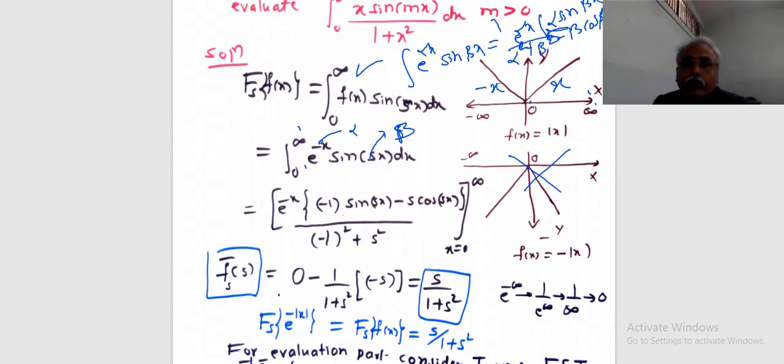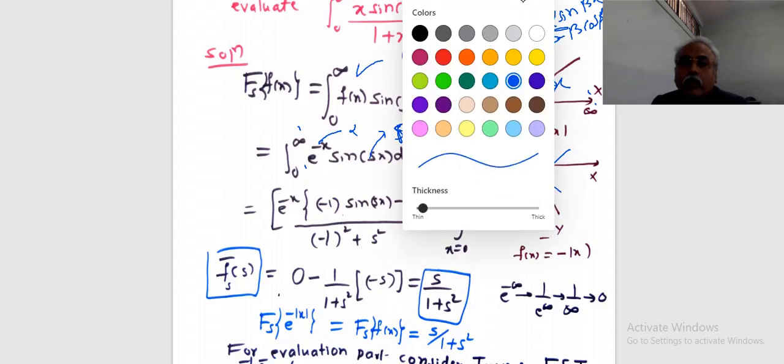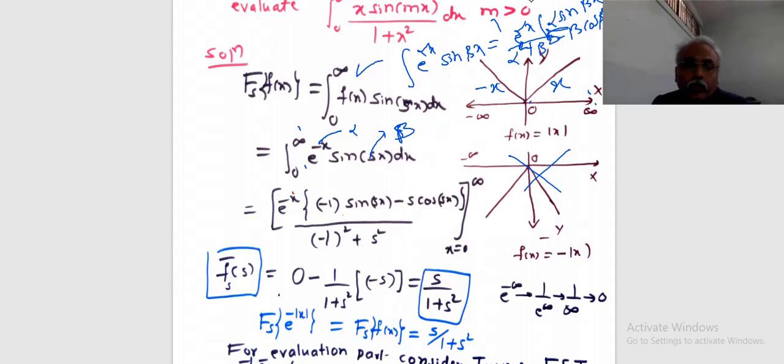Using that formula, once you write that, you start getting like this. So here wherever x is there, you have to substitute infinity and 0. But upper limit e raised to minus infinity tends to 0, upper limit becomes 0.